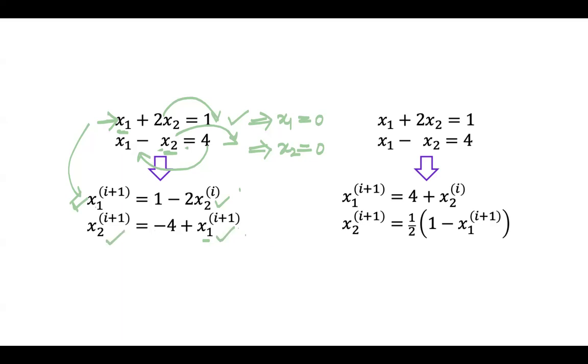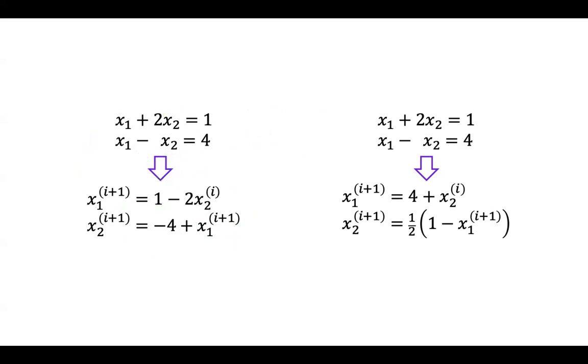Now the new x2 value, again apply it here. So the cycle is like this. From here, you get here. And from here, you go here. Let me just clear all the drawing. So you start from here. From here, you get this value. From here, you put this value here.